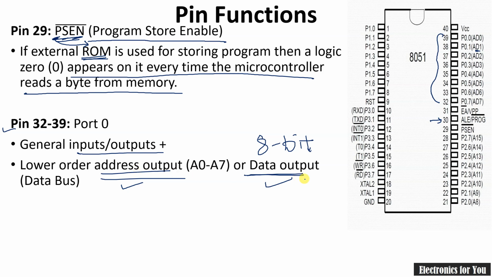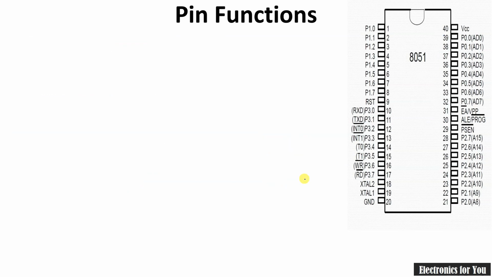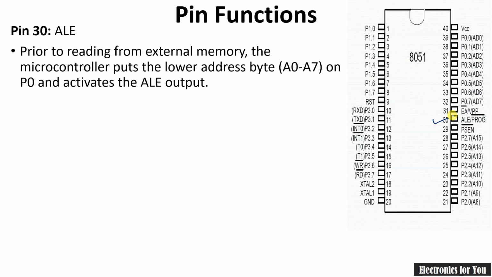The answer is the next pin, pin number 30, which is nothing but ALE. ALE stands for address latch enable. This pin separates the address lines and data lines. Whenever port 0 is used as address lines, it gives a high signal to the microcontroller for that particular period.